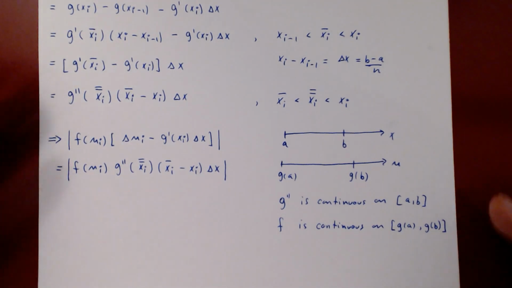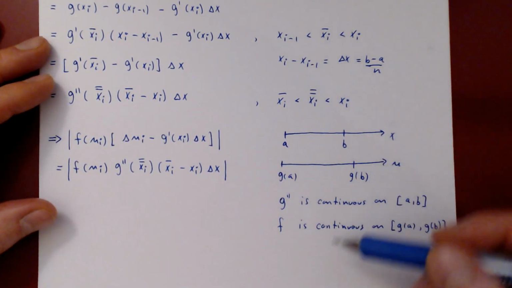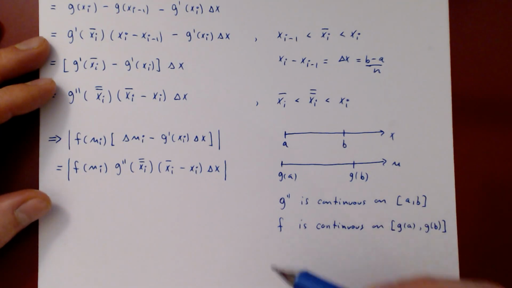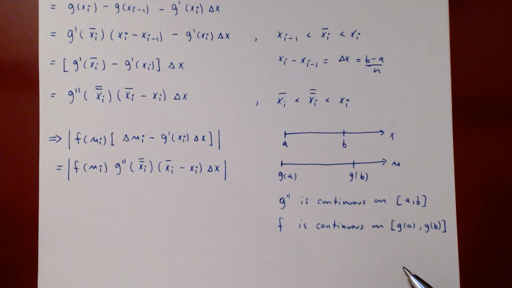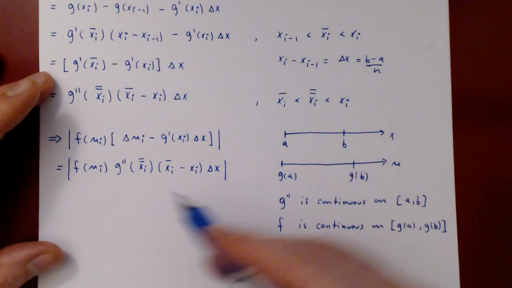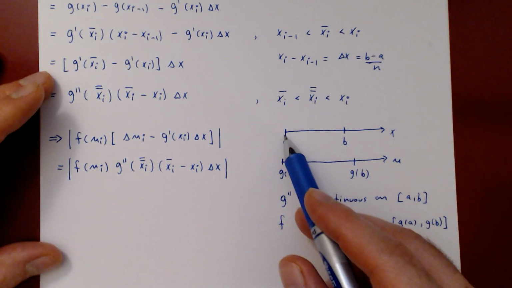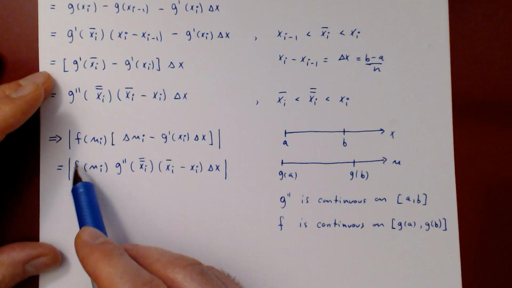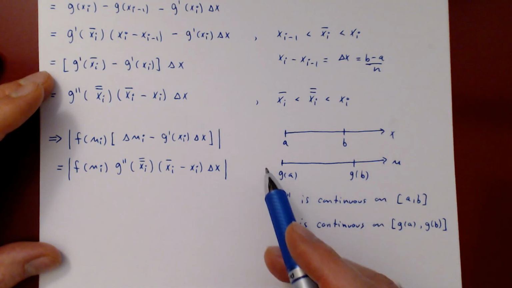And now we will quote the extreme value theorem. In the range that we are considering of x values and g values, both g double prime and f are continuous. Therefore, their product will also be continuous. Therefore, both functions will attain their maximum value in absolute value. So g double prime will attain a maximum value in absolute value inside of the interval from a to b, and f in absolute value will attain its maximum value on the interval from g of a to g of b.